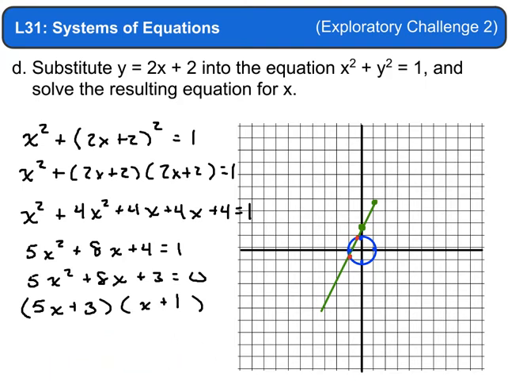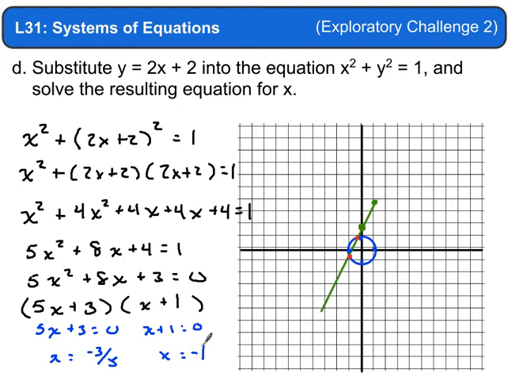So now that I have that, I set each one equal to 0. And so that means x is going to equal negative 3/5, and x is going to equal negative 1. Right? So that's my 2 pieces that I get for letter D.